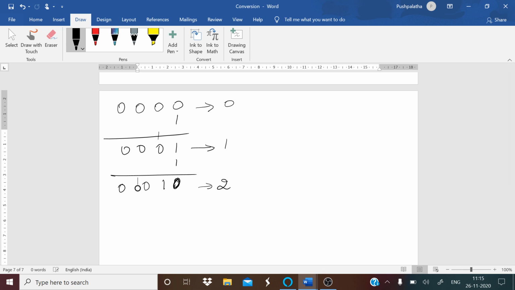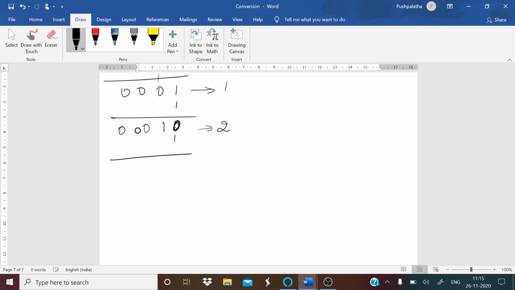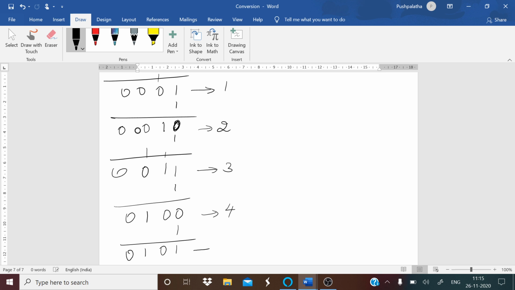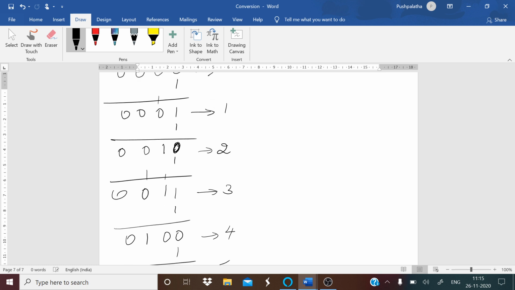This is your 2. Then add 1: 0011. This is your 3. Again add 1: 1 plus 1 is 0 with a carry of 1, again 1 plus 1 is 0 with a carry of 1, so 0100. This is your 4. Again add 1: 0101. This is your 5.